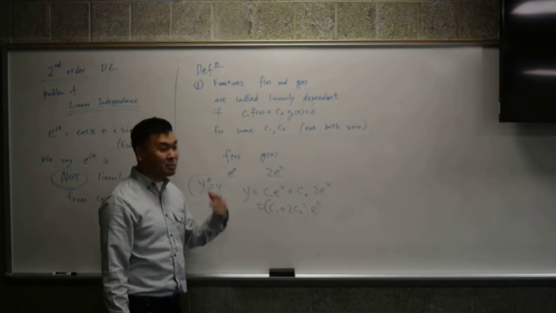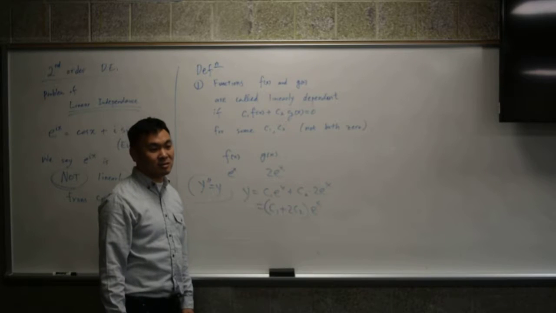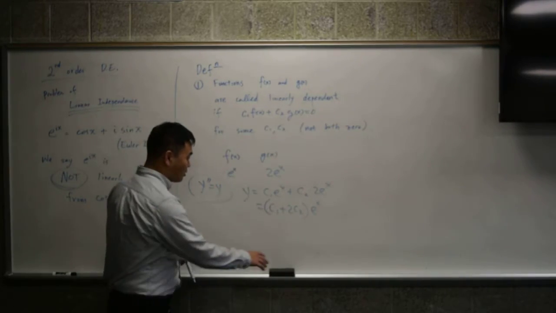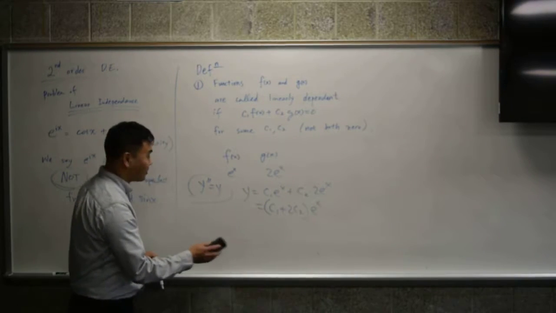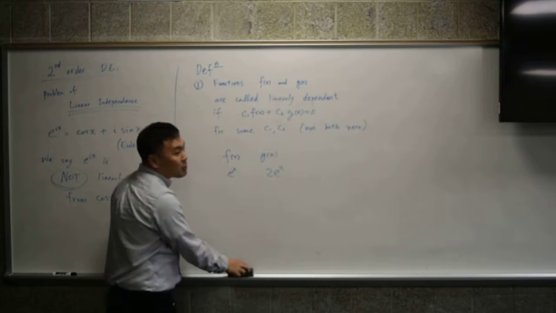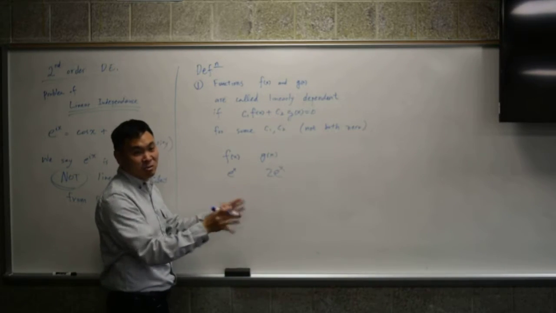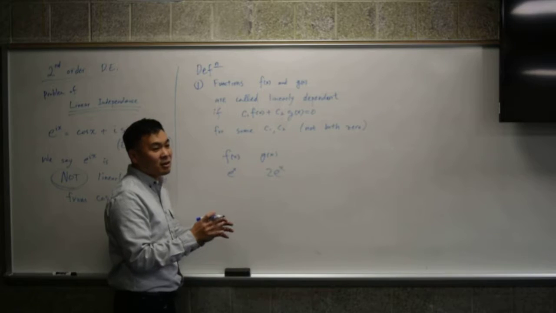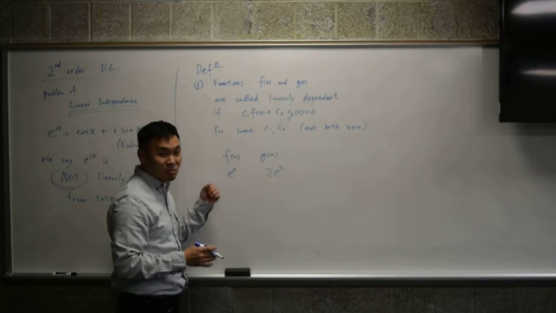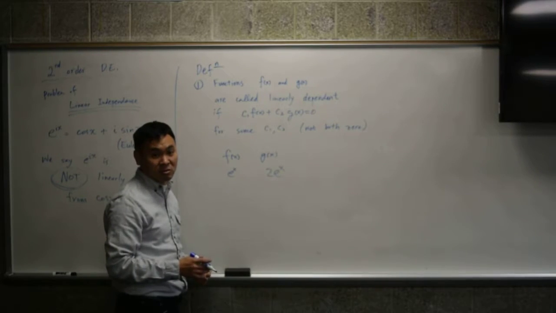I mean, they're linearly dependent. This is not that hard if you think about it. We want genuinely new functions, so we want to devise some words to say this function is different from that function.